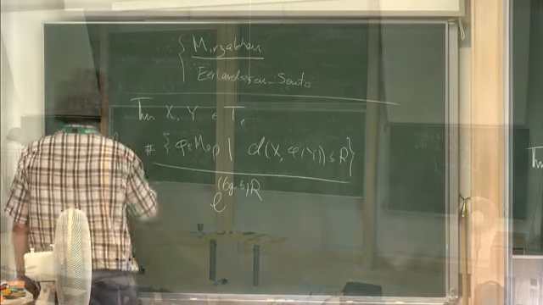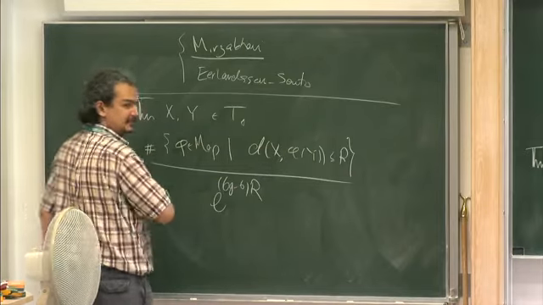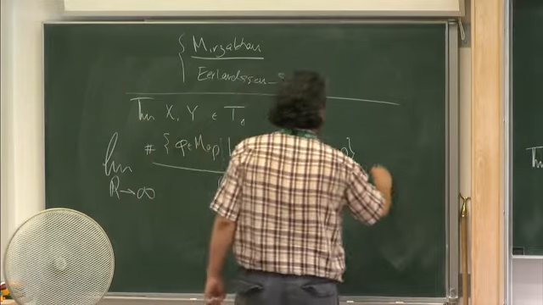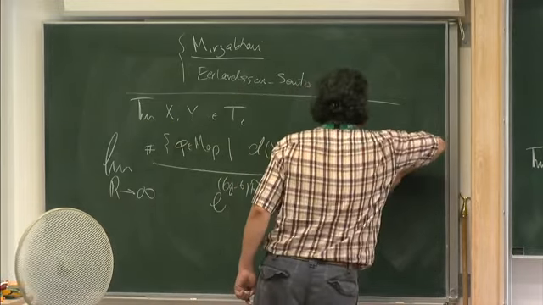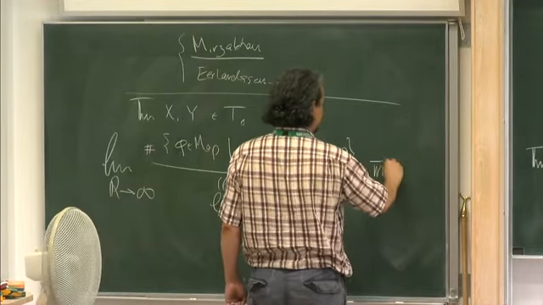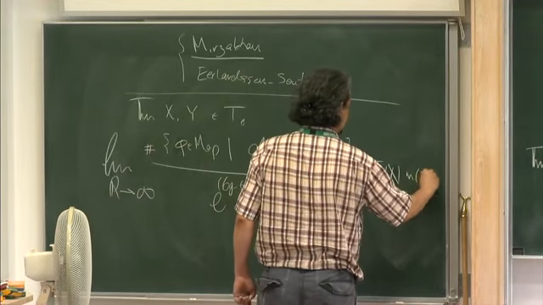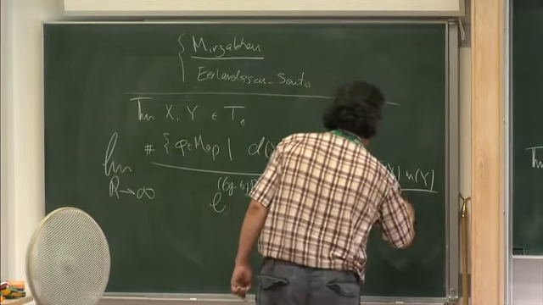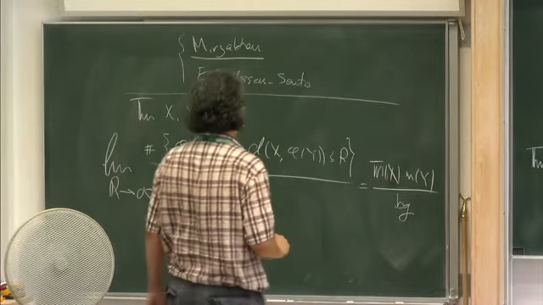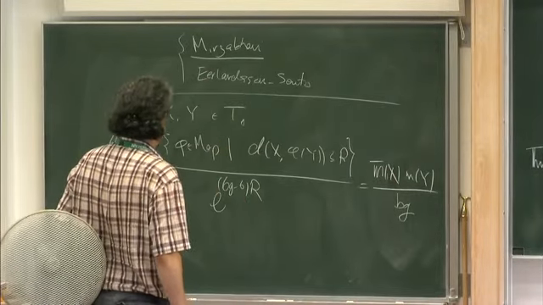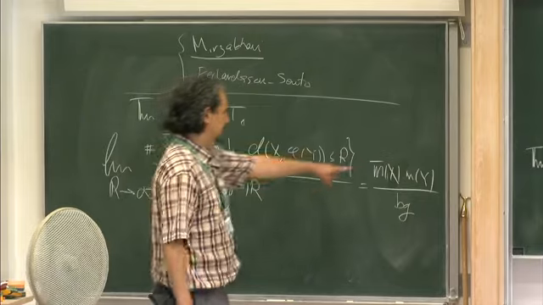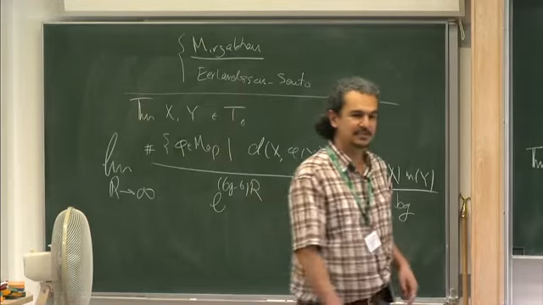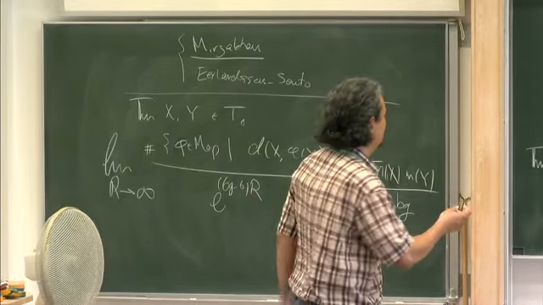And the limit of this always exists and is equal to some constants you can compute. I write it m bar of x times m of y divided by b g. So the m bar of x is basically m of f for some function which depends on f.